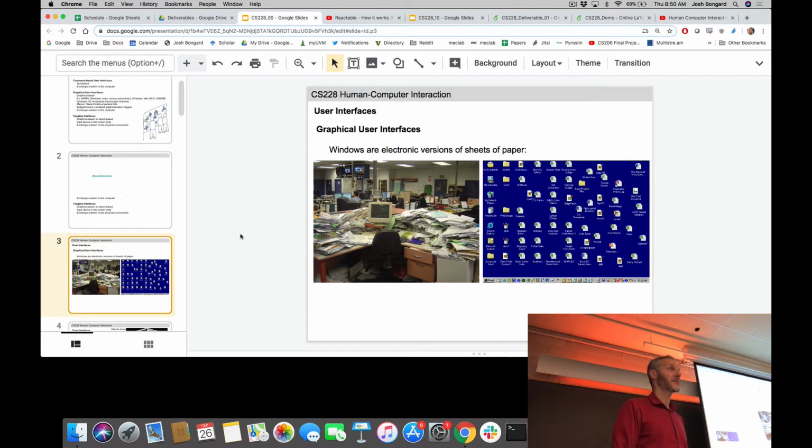Desktop is one, obviously. The trash bin, yes, which this user should make more use of. What else? Folders. Files, folders, right? Drag and drop, that very term, right, is very evocative of the kinds of affordances that most GUIs afford.